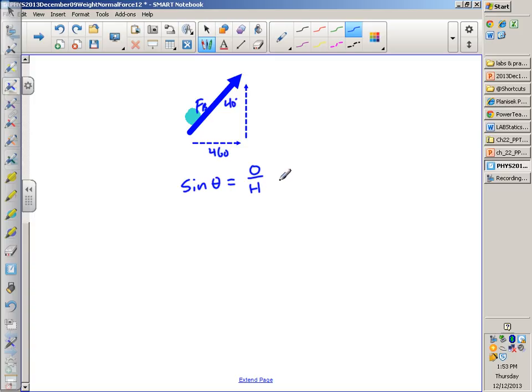Hypotenuse is in the denominator of this fraction, right? So we got to get it out of there to solve for h. First thing I'm going to do, I'm going to multiply both sides of that equation by h. If I multiply both sides of that equation by h, it cancels here, right? And we're left with this. Yes? And then, to get h by itself, what are we going to do? Divide both sides by sine theta.